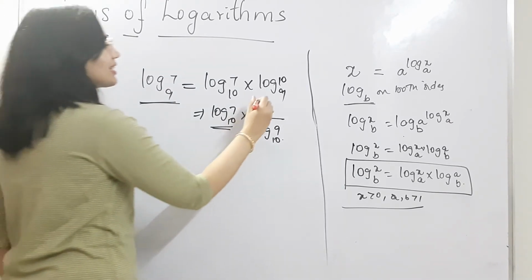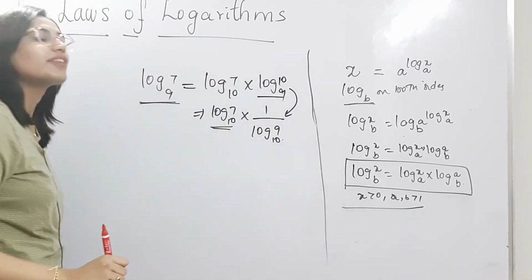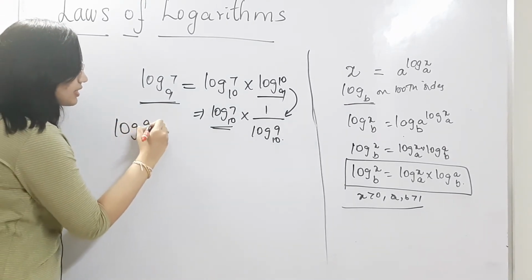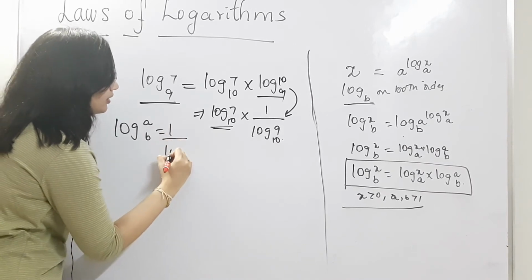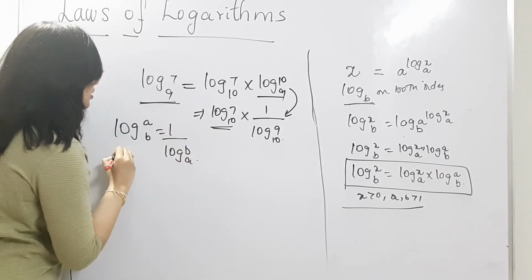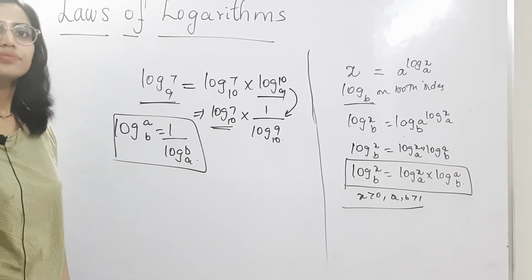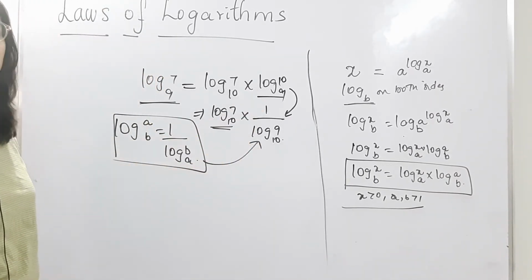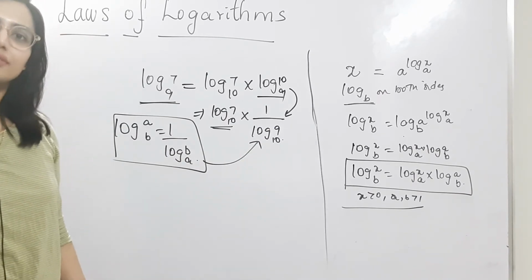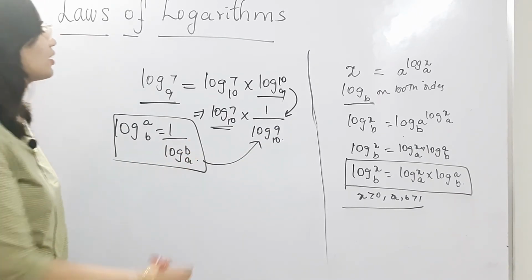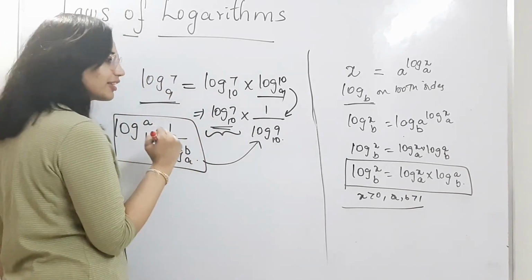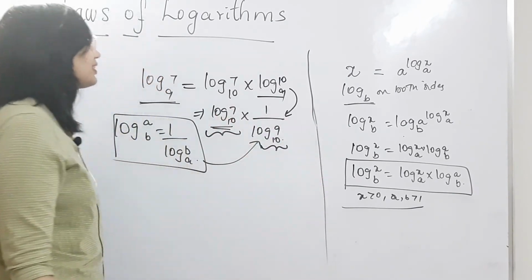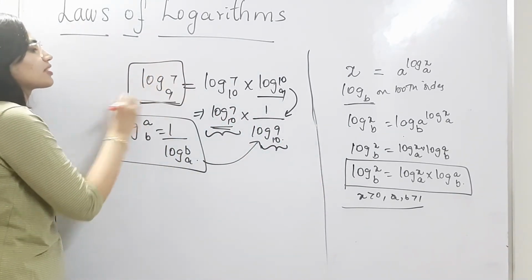That is, this is the inverse of this. Okay. In short, we can say that log A to the base B is 1 by log B to the base A. Using this, we have converted this into this. So this is how you'll get the value of log 7 to the base 9: you'll get the value of log 7 from your calculator, you'll get the value of log 9 from your calculator, you'll take the inverse of it and multiply.